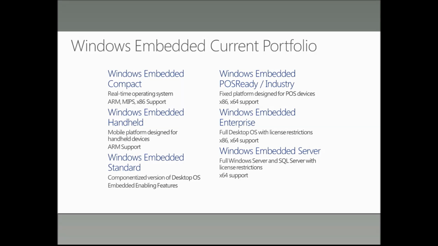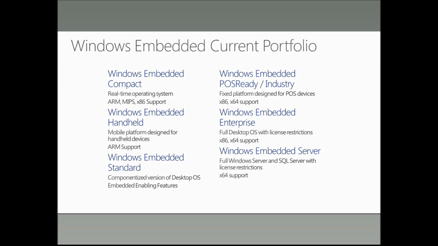But device manufacturers build ruggedized, fixed function, enterprise-ready devices. We announced a number of partnerships and devices that will come on the market very soon with Windows Embedded Handheld 8. That's not the purpose of this presentation, but you can definitely find information on the web.